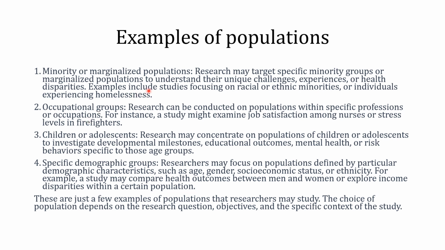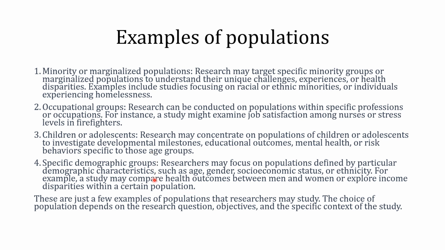Minority or marginalized populations. Occupational groups, for example, either interns or residents or consultants or medical officers or nurses. Children or adolescents, again, is another population which can be studied.